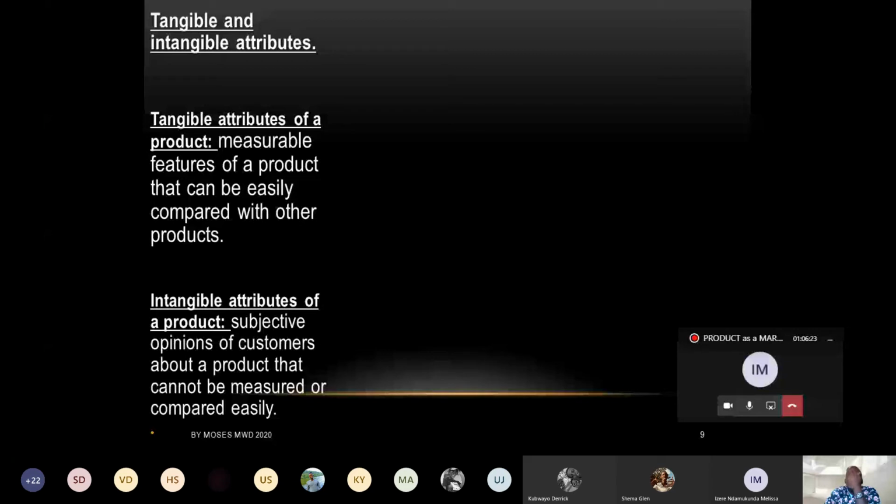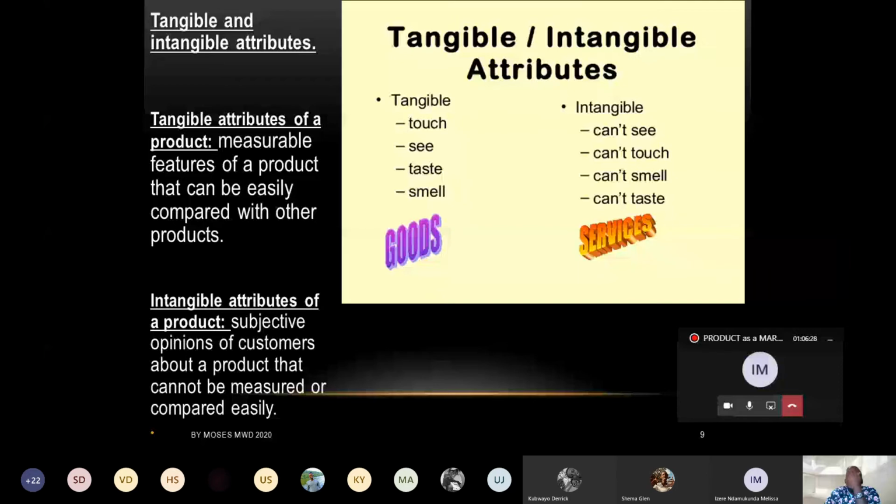What are the examples? Tangible attributes: you can see, you can taste, you can smell, you can touch and feel it. It's a car, it's a watch, it's a shirt. Is it attractive? Is it fashionable?